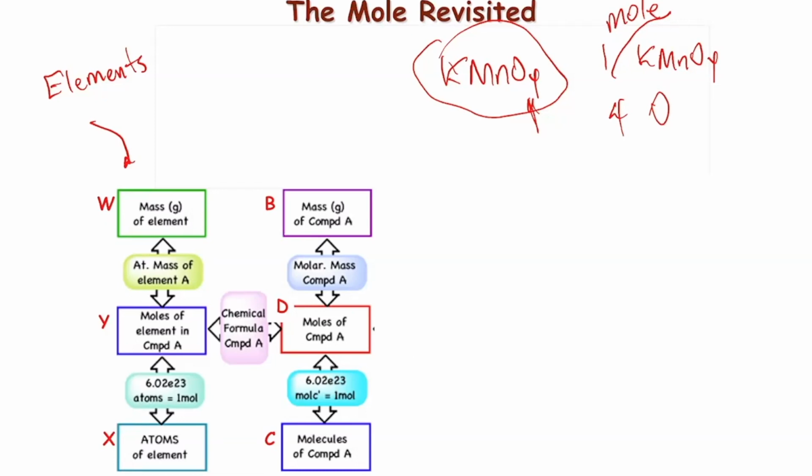Okay, so that's why the mole is so deceptive, because it represents either individual pieces like a chemical, a molecule, or the atoms in that piece. So we can make the conversion factor here: 1 mole of KMnO4 equals 4 moles of oxygen atoms.